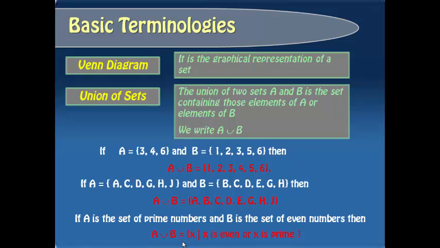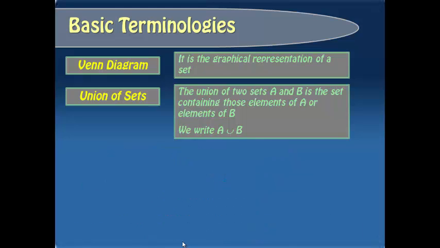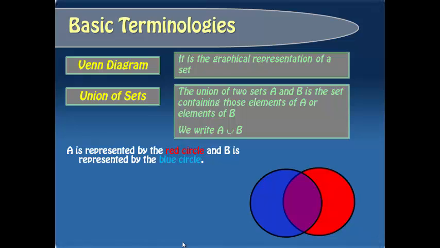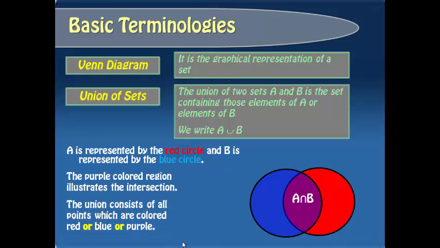Another example: if set A is represented by the red circle and B is represented by the blue circle, the purple colored section illustrates the intersection. The union consists of all points which are colored red or blue or purple.